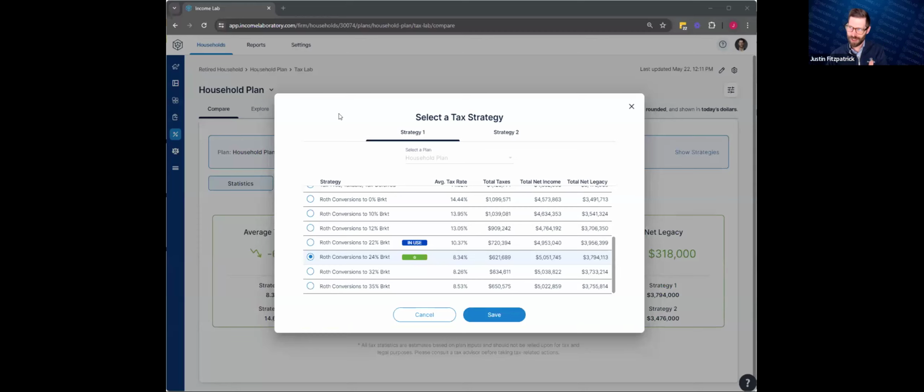And also there's a psychological component. With this example, this hypothetical household is actually not a bad one. You can see how these brackets, 22, 24, 32, 35, are all very similar in the kind of value they are estimated to provide. In particular, these top three brackets are nothing to write home about. We're talking about basis point differences in average tax rate.